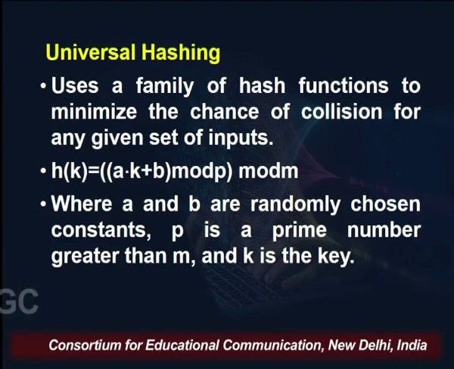Now what are p, a and b here? m, as you are all aware, is the size of the hash table. a and b are randomly chosen constants, and p is a prime number chosen such that it is greater than m, the table size, and k obviously is the key.